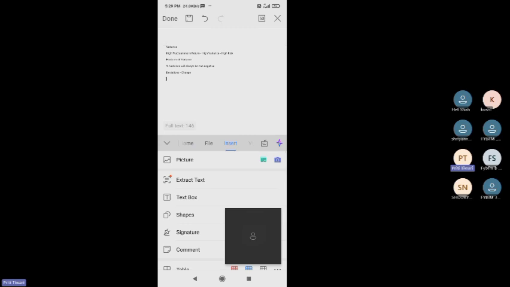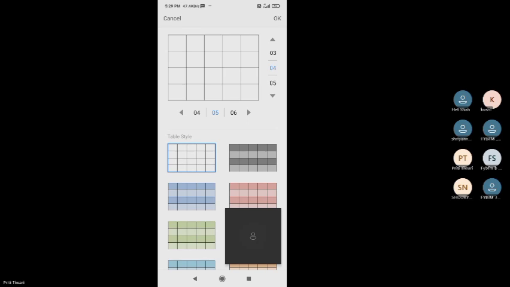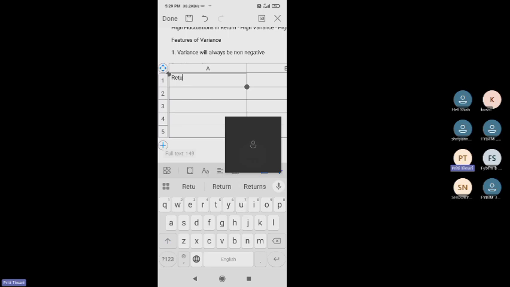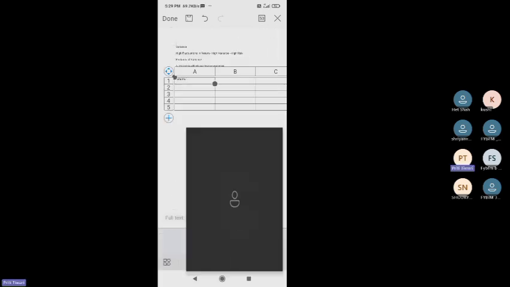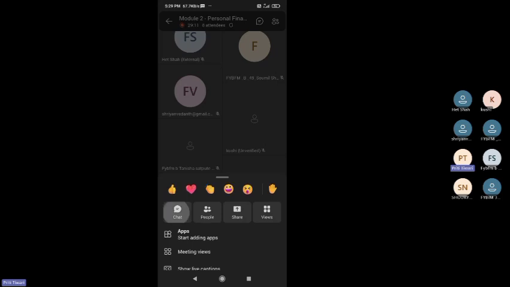I'll insert a table to show you how that is calculated. Okay. So let's say I'm writing in the first column returns. Students, just reply to me whether the screen is visible or not before I start with the sum.